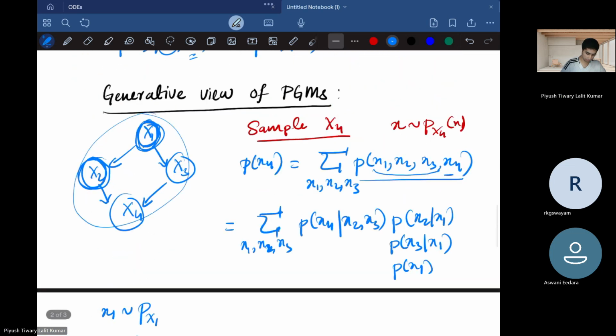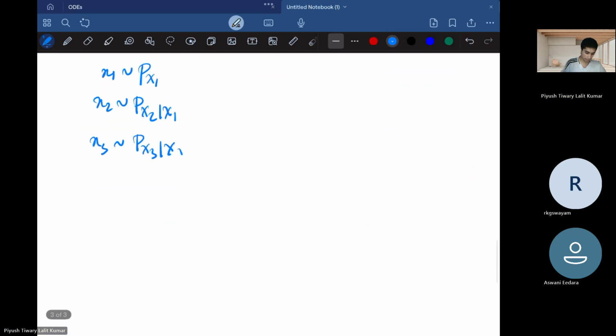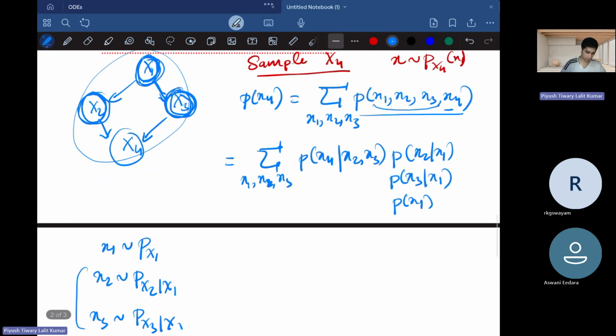Again, the graph is telling us that once you know x1, you can sample x3. And finally, when you want to sample x4, you sample from P of x4 given x2 comma x3. Because you have sampled x2 and x3, you can use those to sample x4, because that is what the graph is telling us.